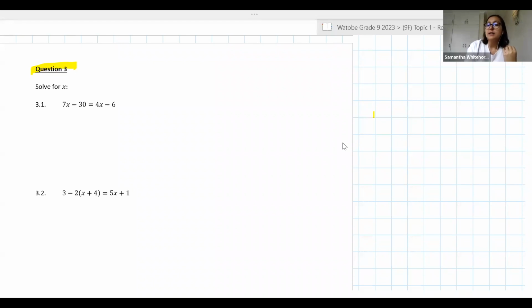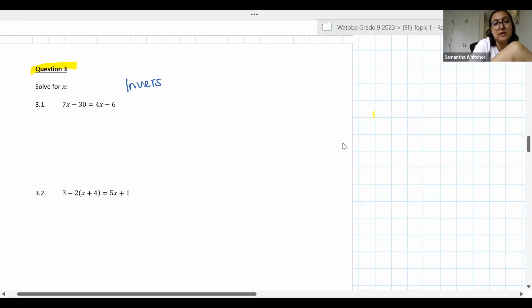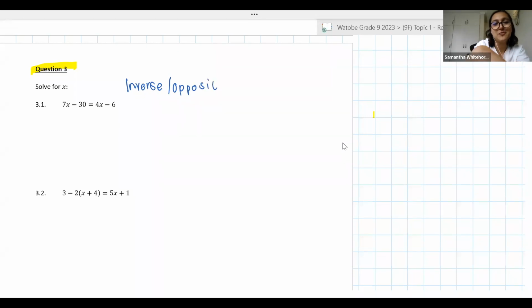Now, to do that, we can use what we call inverse operations. Inverse operations basically means that we use the opposite operation to what we originally had. My brain sometimes doesn't work at the same speed as my mouth.